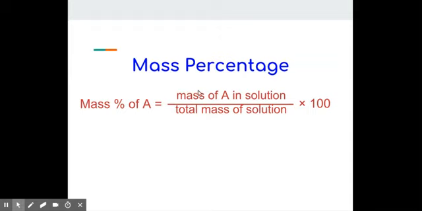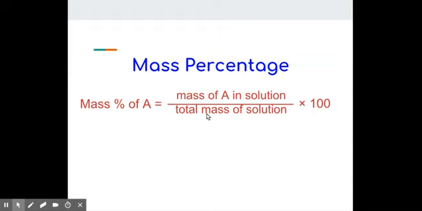Take note that because this is mass over mass, you need to be able to cancel out the units, so the units have to be the same. If one is in gram and the other one is in kilogram, you need to convert either the gram to kilogram or the kilogram to gram so that the units will be the same. The moment you divide, you will get an answer that's always less than 1.